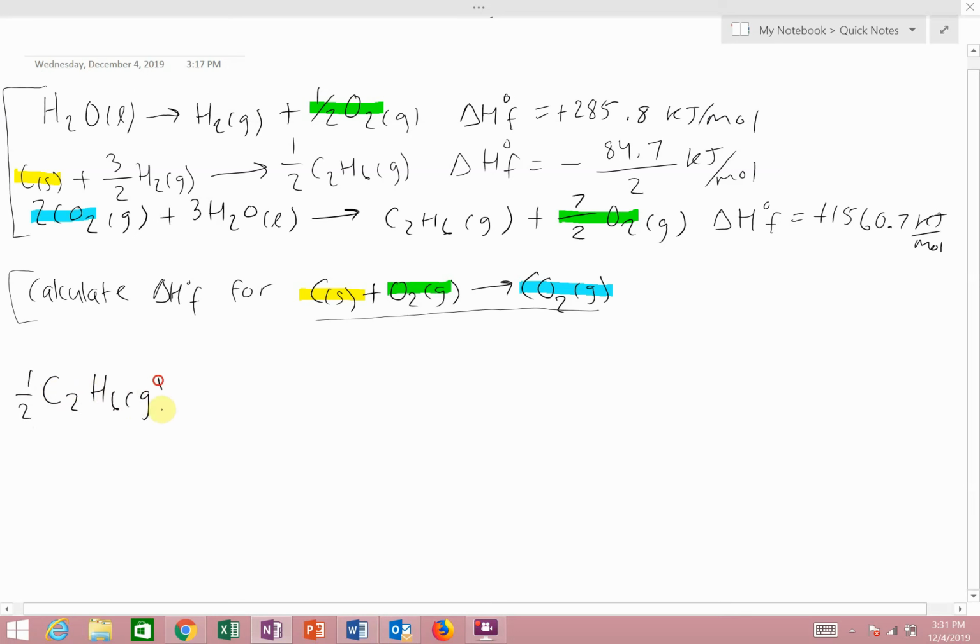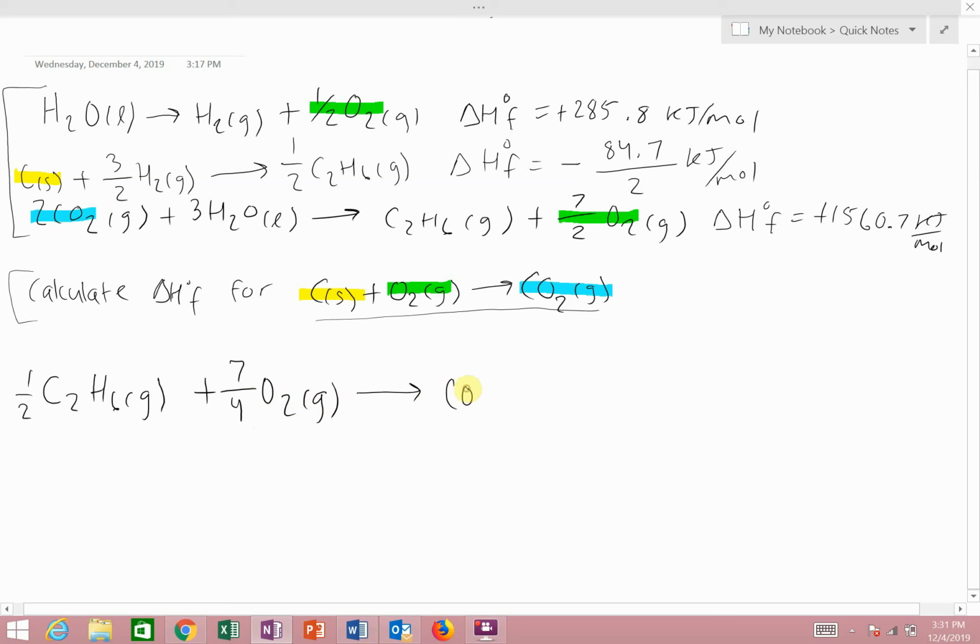C2H6 gas plus, we have 7/2 times half, oops, so it's going to be 7/4. So make sure you know how to multiply fractions. Sometimes we get lost in the simple stuff. So 7/4 oxygen. Okay, and now we can write our products.